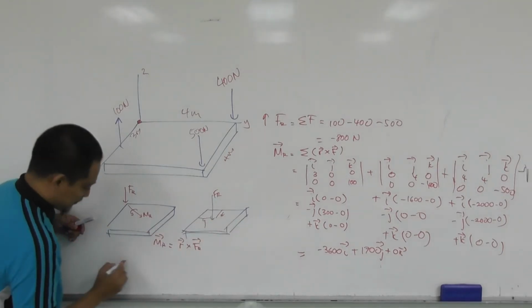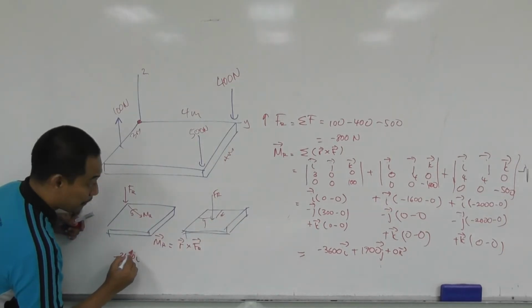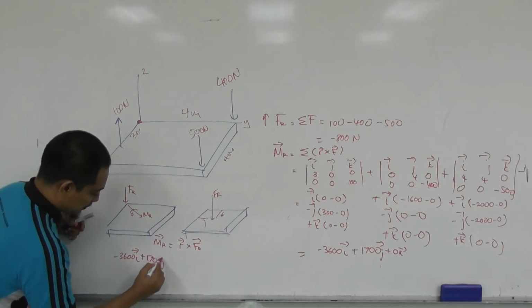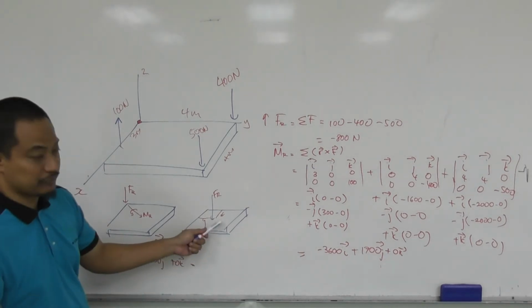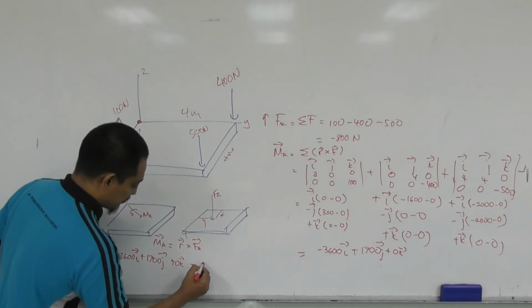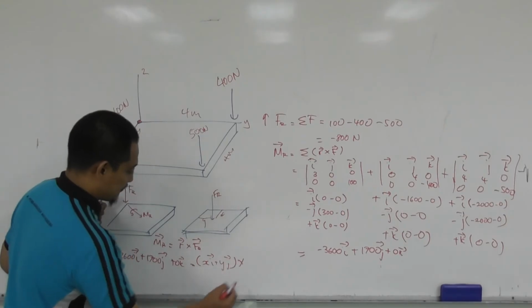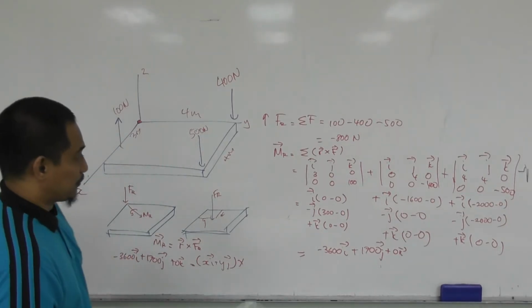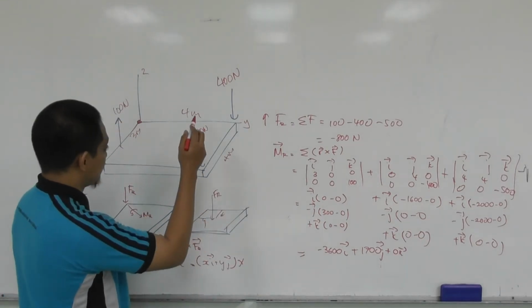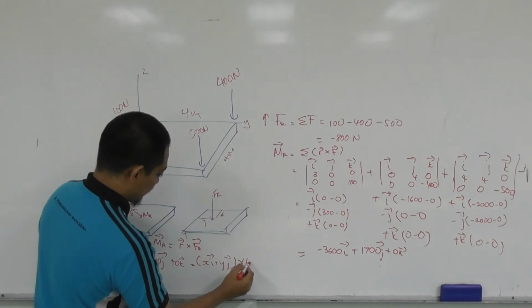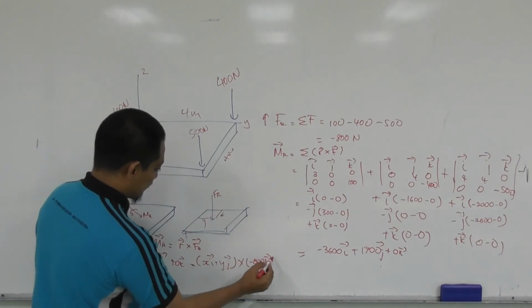MR is minus 3600i plus 1700j plus 0k, equal to r cross FR. What is r in this case? If you have x and y components, it's just xi plus yj plus 0k. And you cross with FR, which in vector form is minus 800 downwards, so minus 800k.